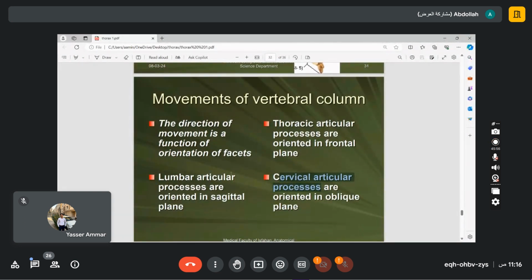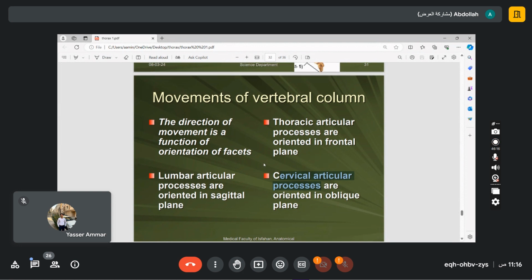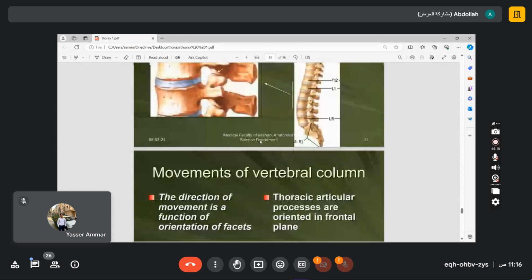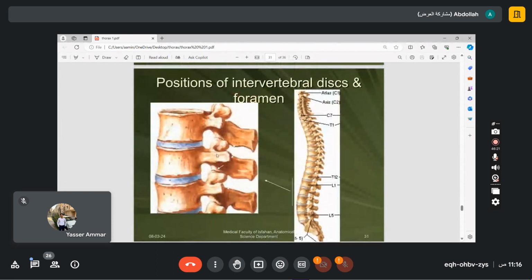For these reasons, you can move your neck in different directions, but in the thoracic vertebrae you can't move easily. And in the lumbar, you can move in flexion and extension. You can't rotate it. This depends on this articular process here. This pointer refers to this articular facet. This plays a main role in the movement of the vertebral column.